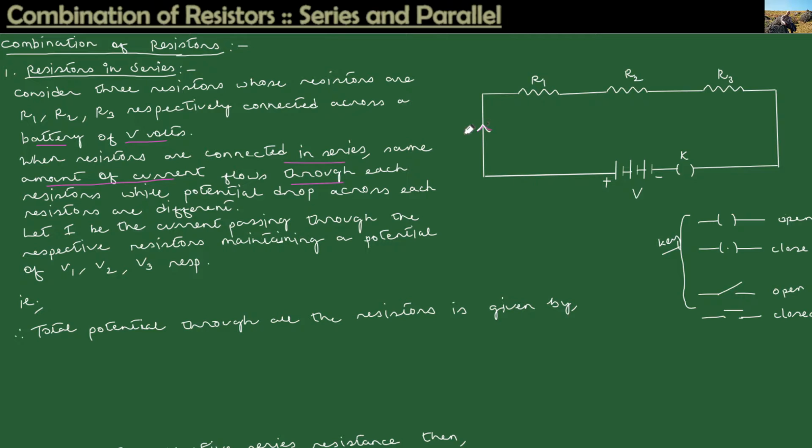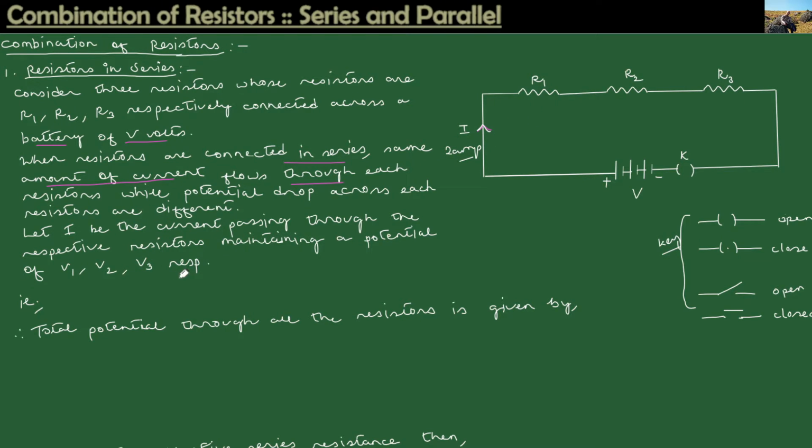Capital I will be the current flowing through all these resistors, which means that the current I flowing through all these resistors will be the same. If 2 amperes of current is flowing through this network, that means the same 2 amps will flow through each resistor having different ohms R1, R2 and R3.